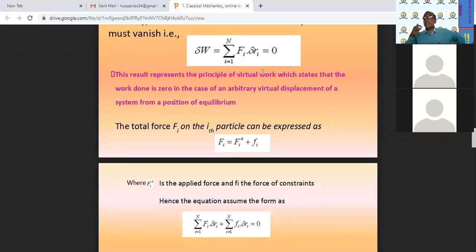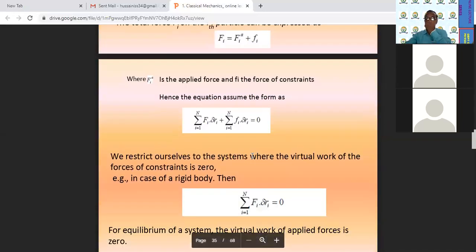किसमें 0? In case of the arbitrary virtual displacement of the system at the position of equilibrium, and this is called the system of particles in which the particles are moving according to Newtonian mechanics. They are having the generalized coordinates q1, q2, q3 and so on, and the virtual displacement is measured.